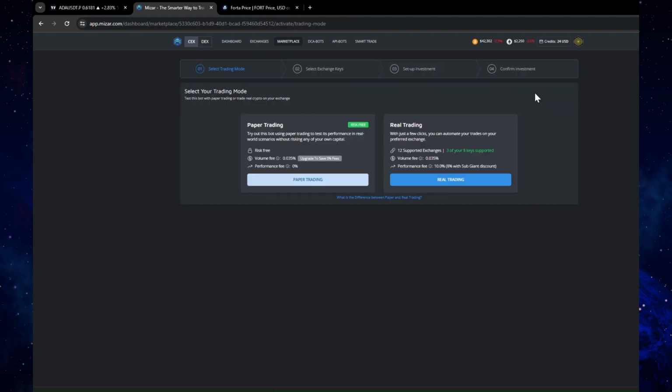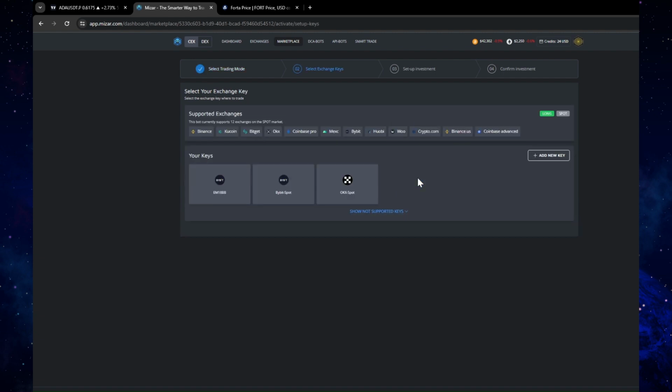When you invest, Mizar allows you to pay per trade. So you could try that if you maybe just want to pilot this first before putting in real money. In fact, another way of piloting is with real money, but a smaller amount. So you could jump to real trading.